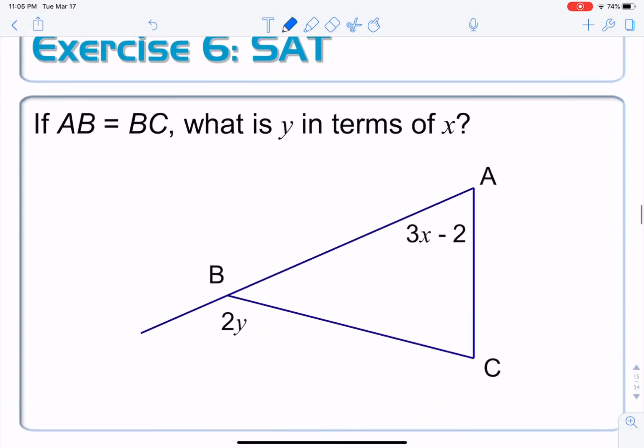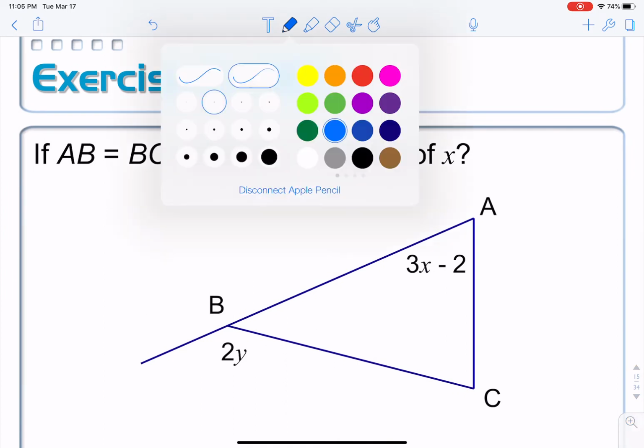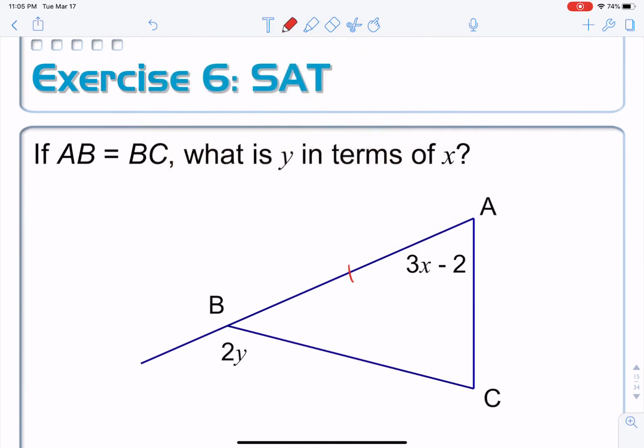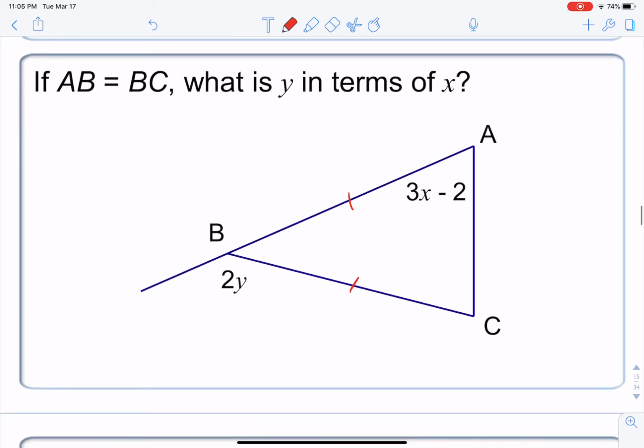All right, so for this SAT problem, I do want to mark some of this information on the picture. These two segments are congruent to each other, right? It being isosceles, and kind of like the other picture that we just worked with, this angle down here at C also needs to be 3x minus 2, right? Those are the two base angles which are congruent to each other.